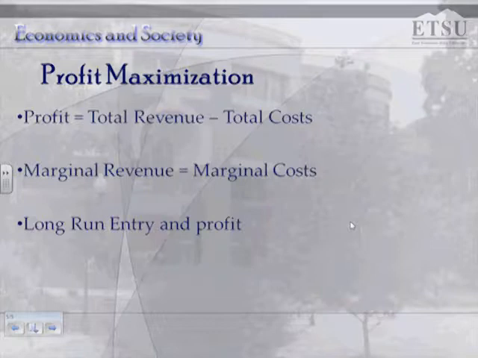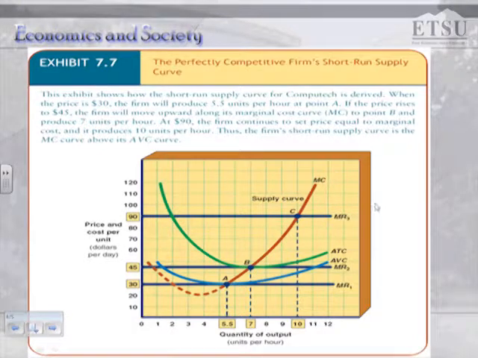What's special in perfect competition is that there's free and easy entry into and exit from the business. So if we have a situation like this, where the market price is at $90, then existing firms, who by the way have similar cost structures, are going to be earning positive economic profits.